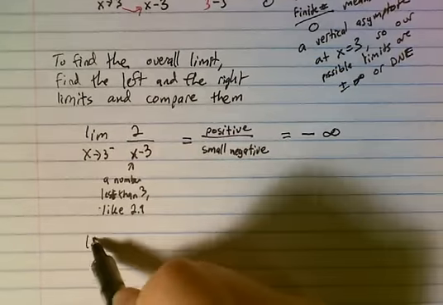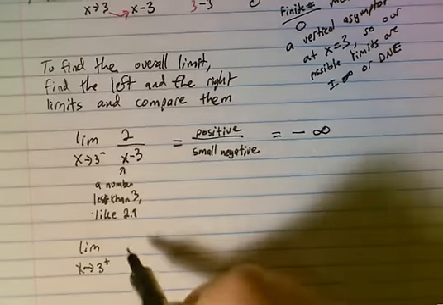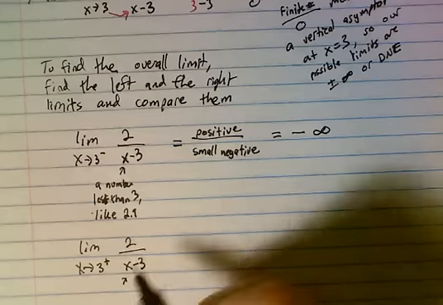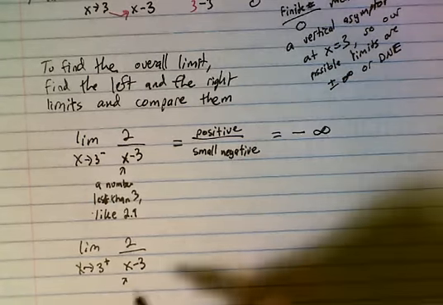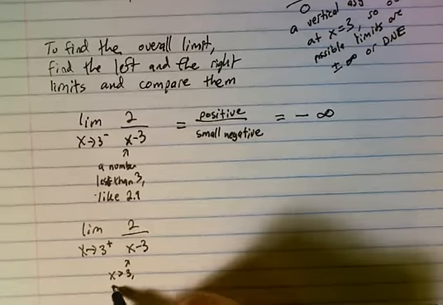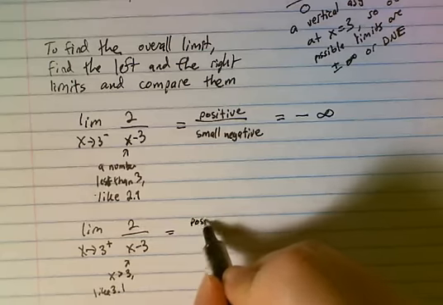So when we do the same thing with the right limit, because we're in this vertical asymptote situation, this number, because we're coming from the right, is going to be a number slightly greater than 3, let's say 3.1. So 2 is going to be positive.